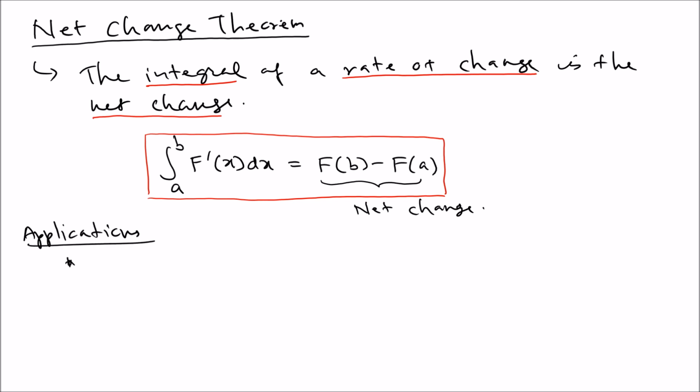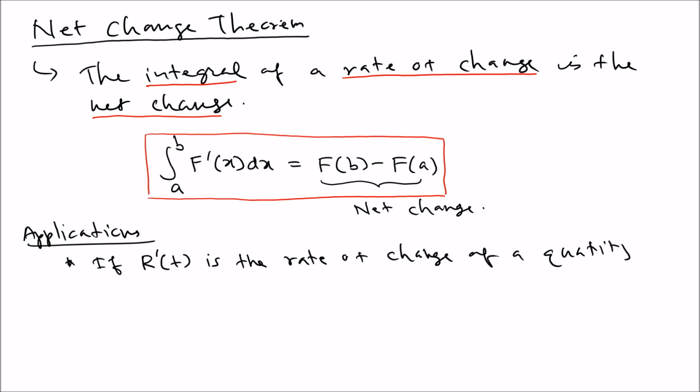What it says is, if R(t), we can say R for rate, is the rate of change of a quantity, then from a to b, you integrate the rate, so you get the change in the function. Okay, so it's just a rewriting of what we have over there.